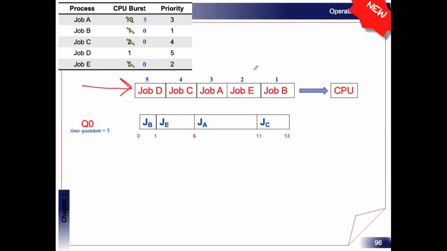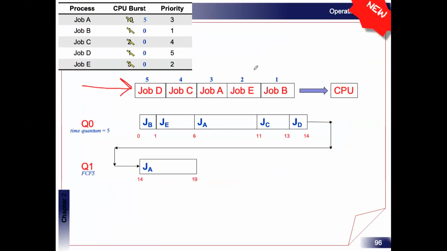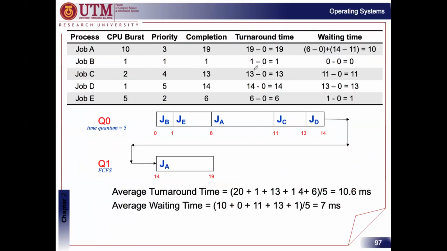Go through each of that, and JD, after it completes, goes to another queue, first come first serve, which is the next one. Finally, this is how they get all these values for waiting time and turnaround. Please check. That's completed.